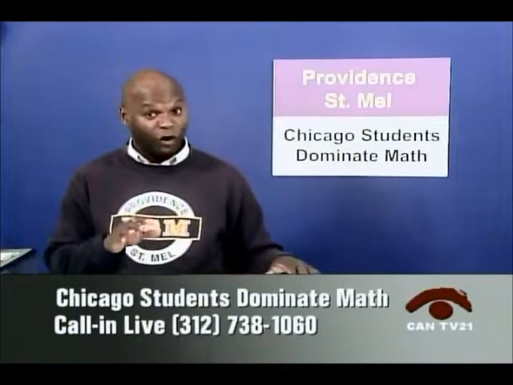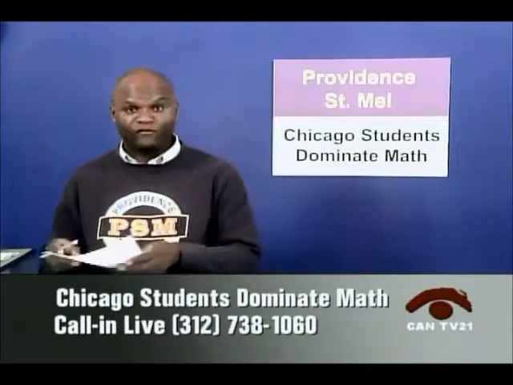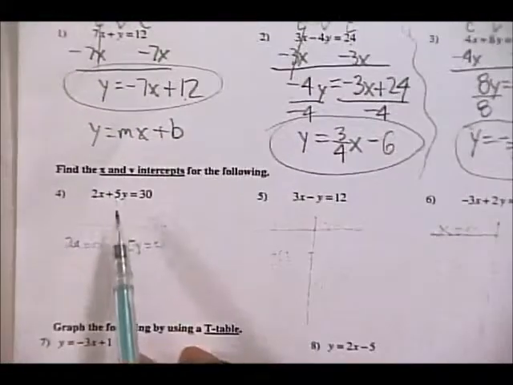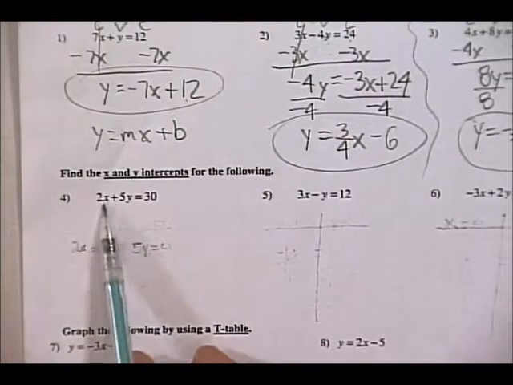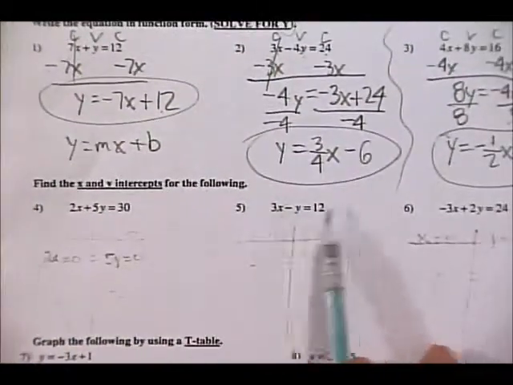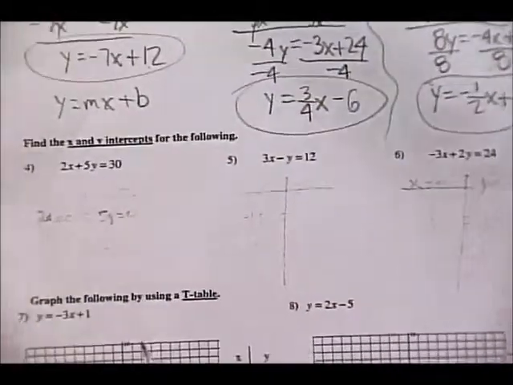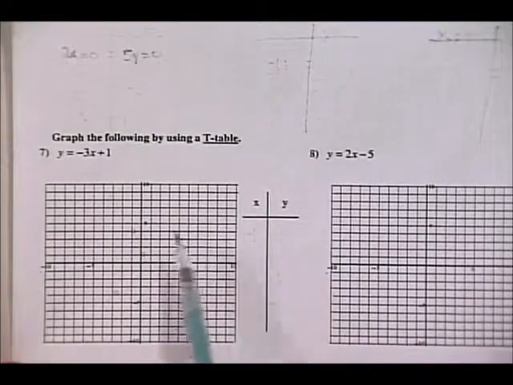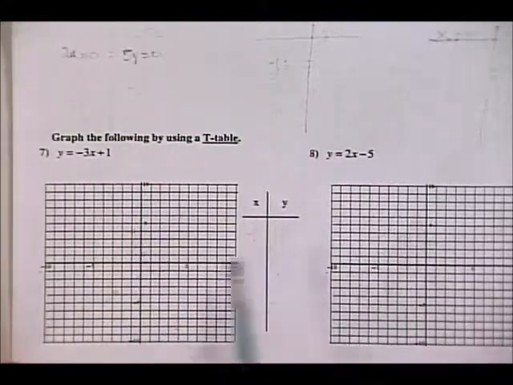So, my friend, what we've done is we've helped you with this. Now, I'm not going to do your homework for you. What you've got to be able to see is that your homework is to find the x and y intercepts, and we showed you how to do that. And then the t-table, we actually did problems like this already.